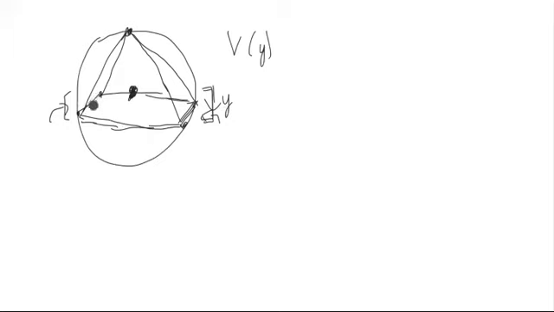Now, let's look at some different pictures here. We could think of slicing right down the middle of the sphere, just looking at a circle. But maybe that's not the best thing.